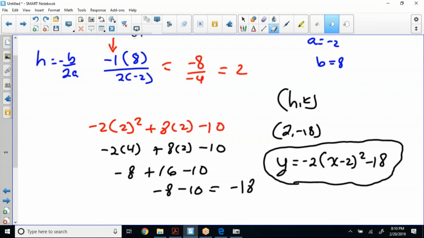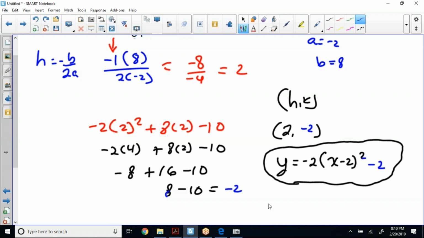Oh, no, my bad. I just saw my mistake. Thank you. You're right. You have a good set of eyes. I made a mistake. Hold up. Negative 8 plus 16 is positive 8, which would give me negative 2. So when I plug that in, that would be there.